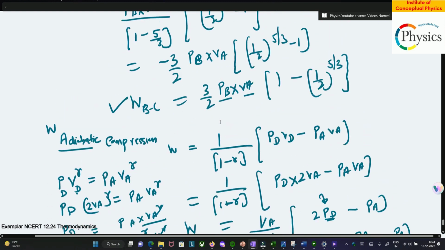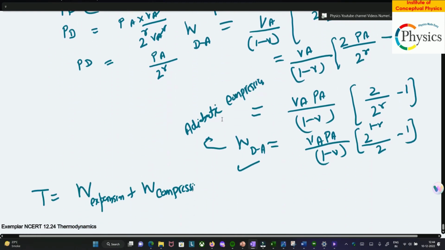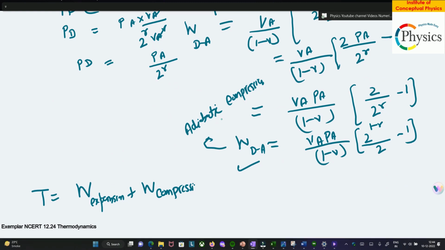This is 1, and you can write the value of gamma, by the way, which is 5 by 3 here. I will just make it simple. VA PA upon 1 minus 5 by 3 is equal to, I think I don't need to write 2 here anymore because I've taken it in the numerator.